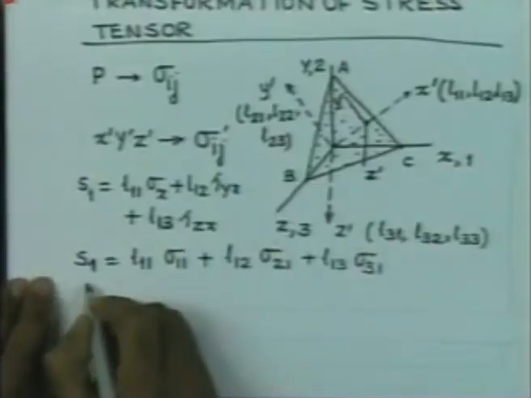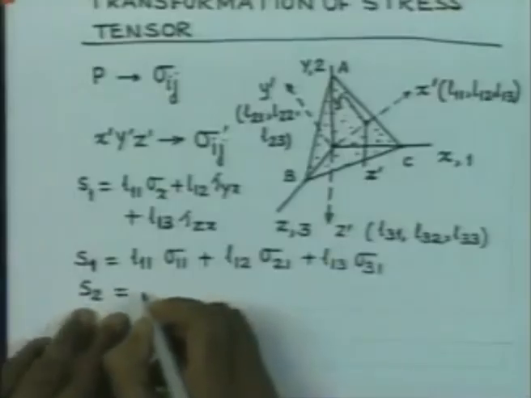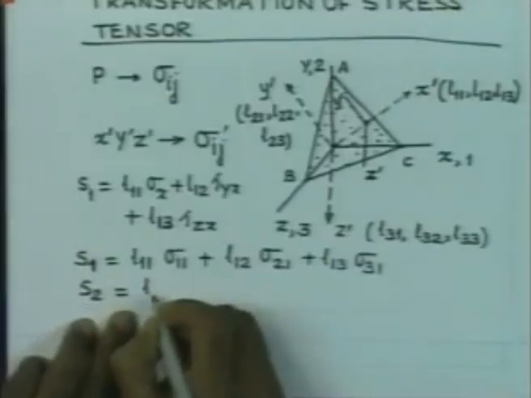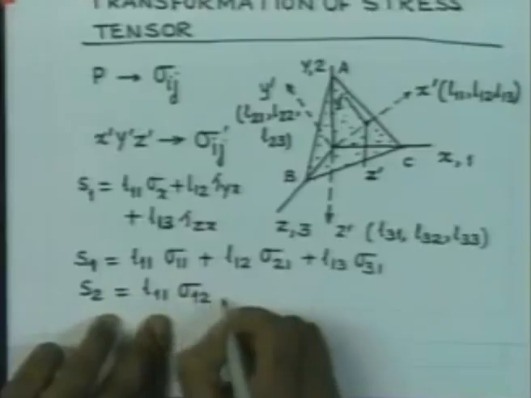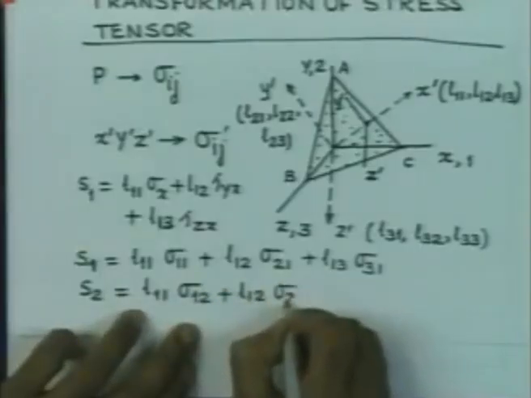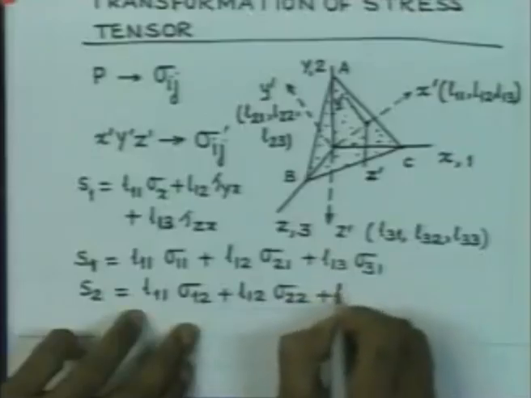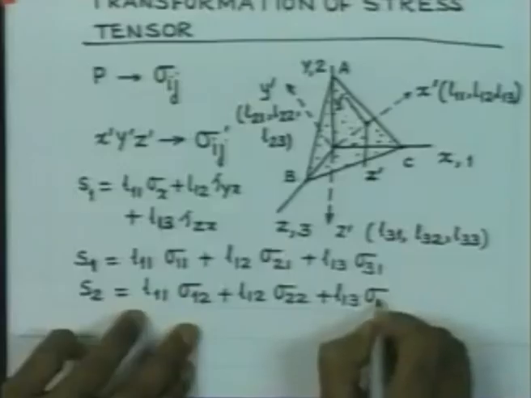And S2, the other traction, is going to be nothing but L11 sigma 12, plus L12 sigma 22, plus L13 sigma 32.